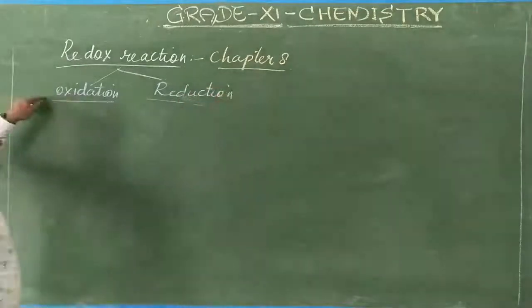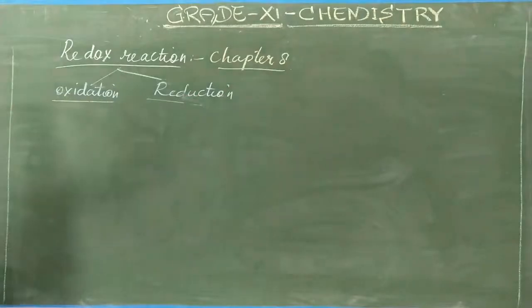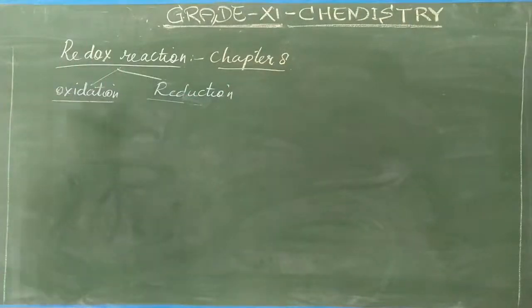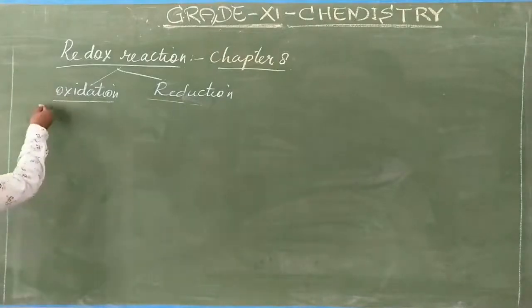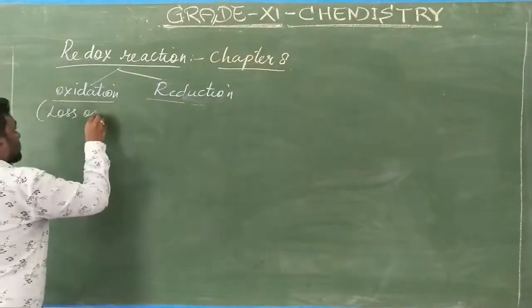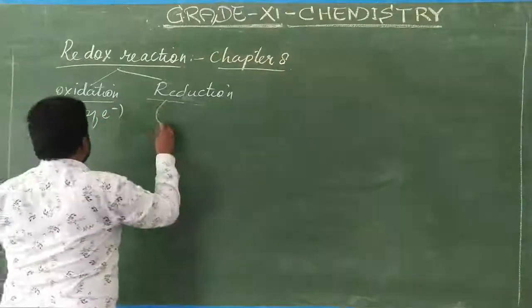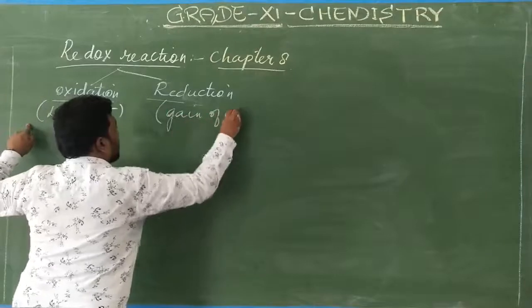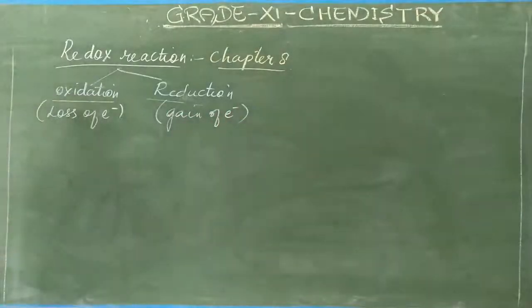So both the oxidation as well as the reduction takes place in a single reaction. Then that reaction we are calling the redox reaction. So what is this oxidation? Just I am telling you, loss of electron is oxidation, whereas gain of electron is called reduction. Gain of electron is called what? Reduction.